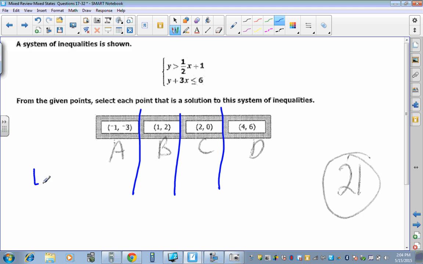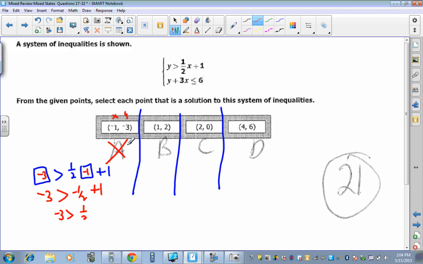So the first one is y is greater than a half x plus 1. Remember, that's an x, that's a y, so we'll plug in negative 1 and negative 3. That gives us negative 3 is greater than a half times negative 1, which is negative 1/2, plus 1, which is a half. And negative 3 is not greater than positive 1/2. So A cannot be an answer.